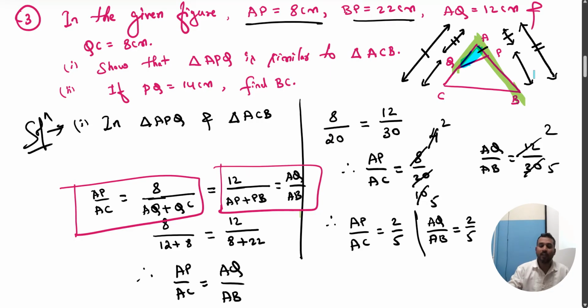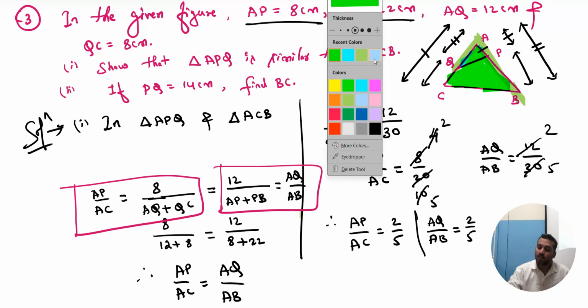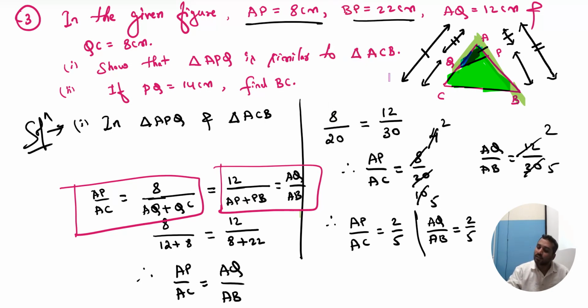This is my small triangle, and this is my big triangle. So either you take this small triangle or you take this big triangle, angle A is common. So directly what we can write.